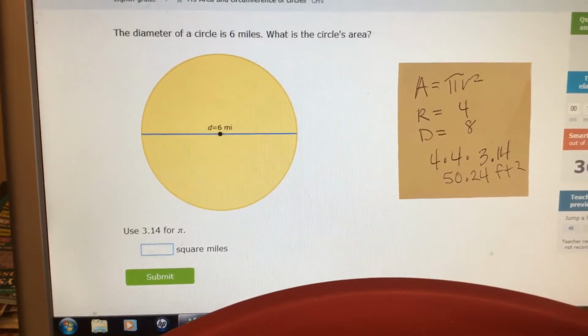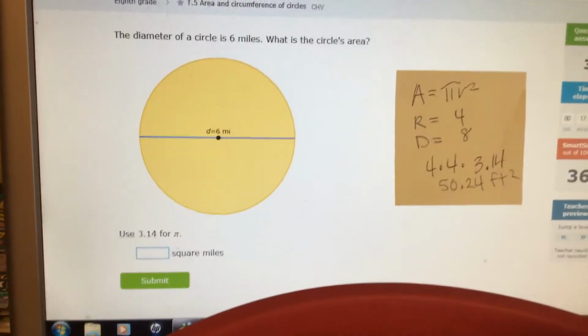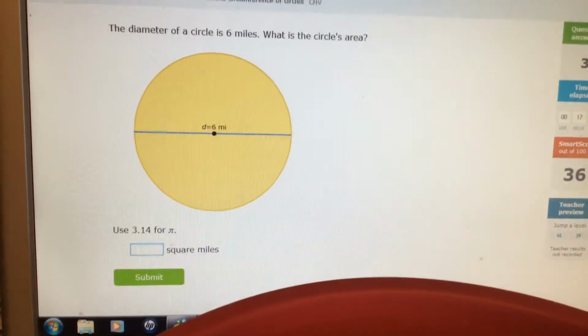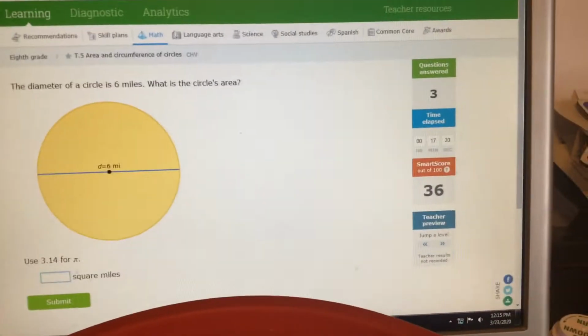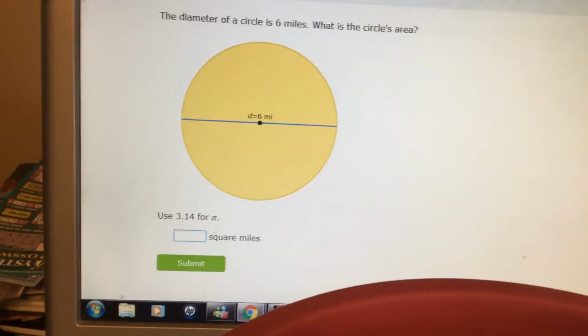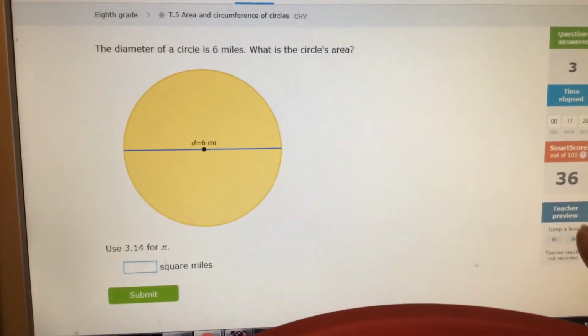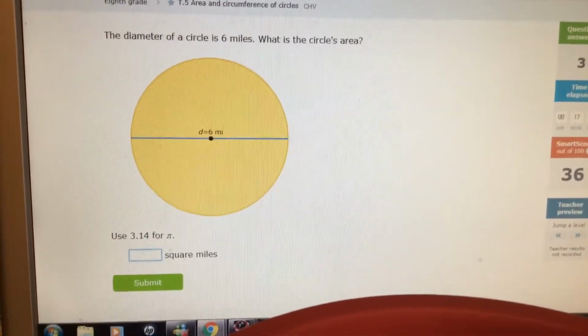And it works. Okay, so get in the habit of writing the radius and diameter for every problem. Now, when you get to about 50, it's going to change. So let me jump to 50.